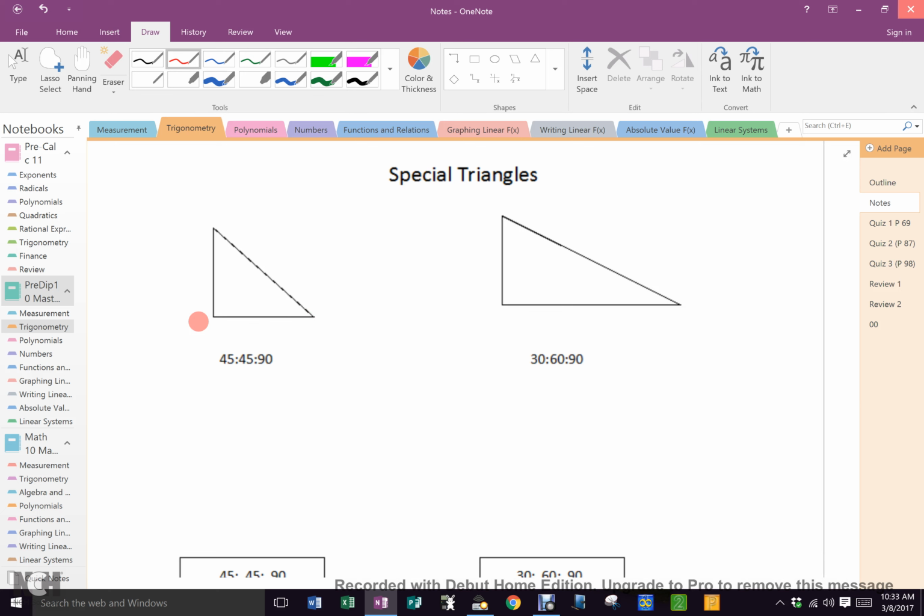So you know that this side is some length because you have eyes, right? What do we give it in math when we don't know what it is? A variable, x. Since this is an isosceles triangle, what is this side? X. Excellent. Since this is 90, what is this side?